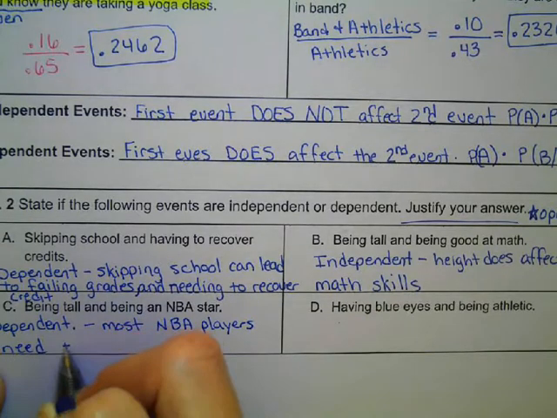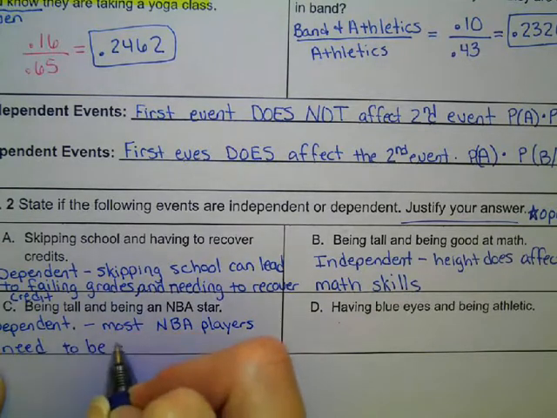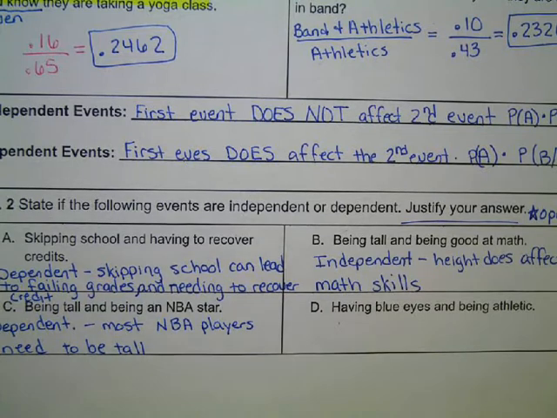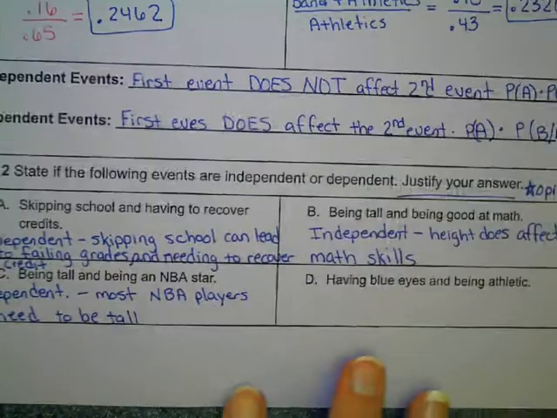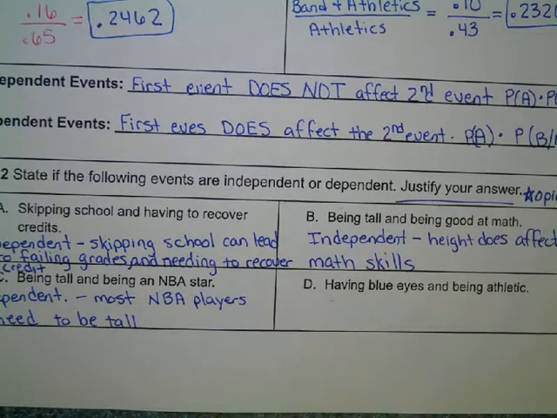Again, if you can give me a good reason why you think it's independent or dependent, this is your chance to argue that point. Just don't forget to explain, justify. Having blue eyes and being athletic. Are those two things dependent on each other? I'm going to say independent.